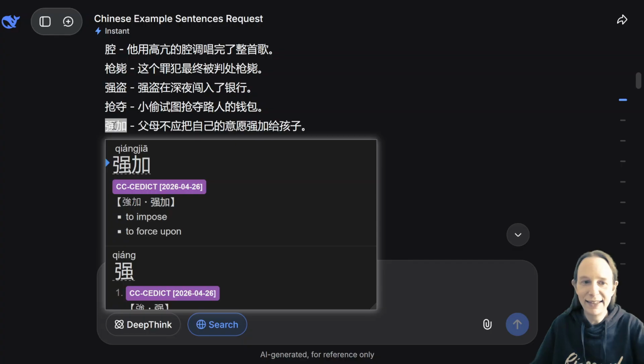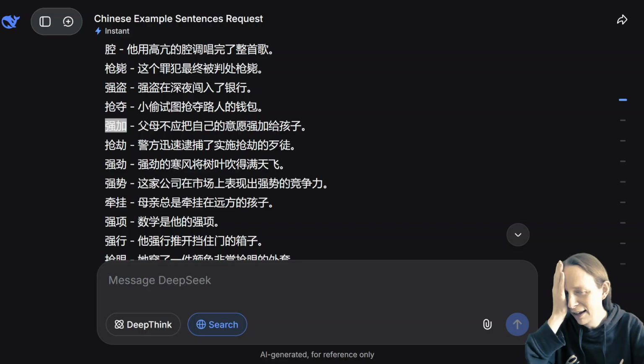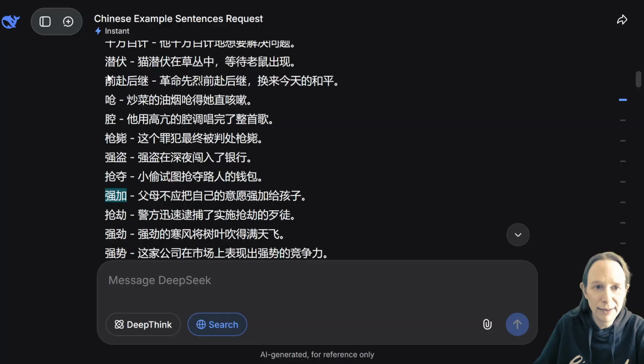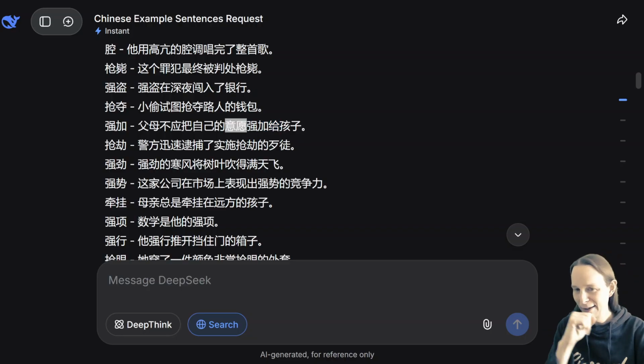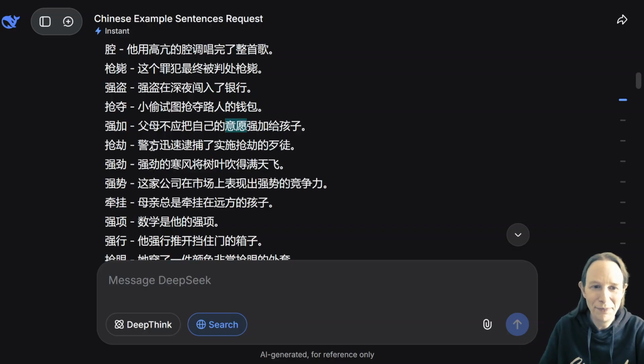Yeah, I've added it to 强加. So 强 can mean by force, like we saw somewhere else. 强盗, to rob by force. So this is, I guess, to apply by force or to forcibly apply something. The parents forcibly apply their own will on their children.